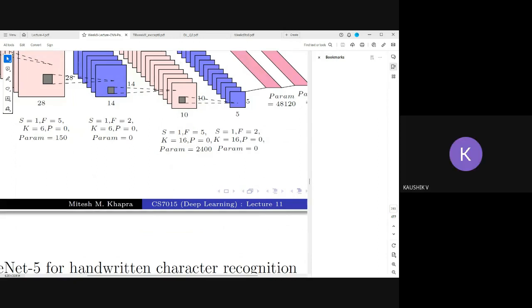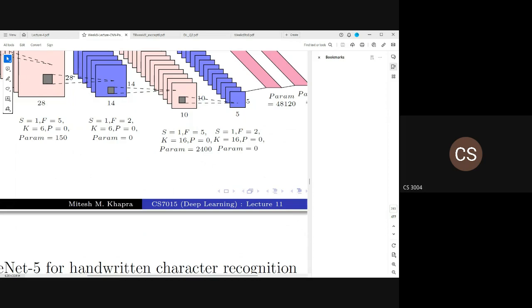The depth is 6. So the filter size for convolution layer 2 is 5 by 5 by 6, and there are 16 such filters. So 5 into 5 into 6 is 150, and there are 16 filters.